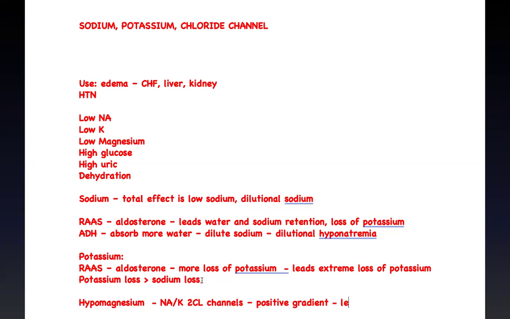And this leads to reabsorption of calcium and magnesium, especially magnesium. And so when furosemide blocks this channel, you have what? Loss of magnesium. That's why the magnesium level is also very low.